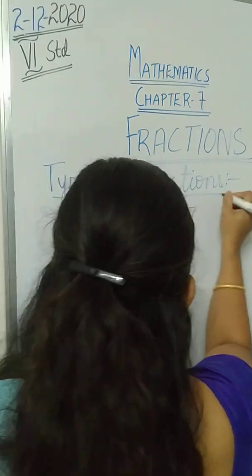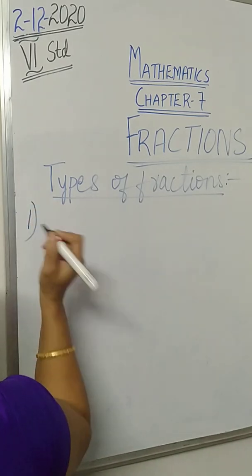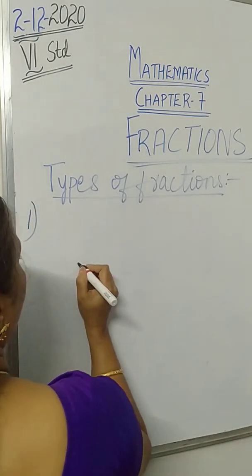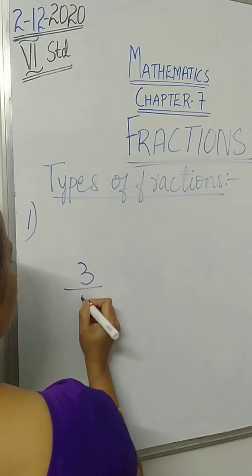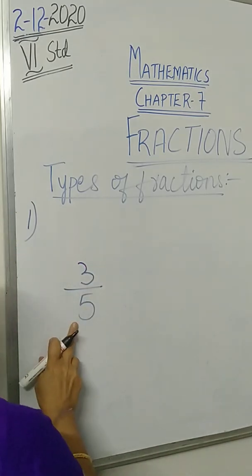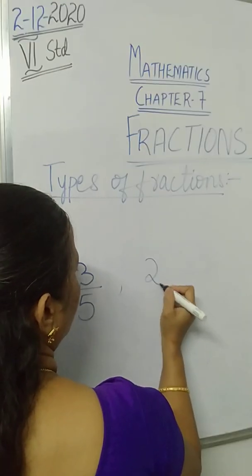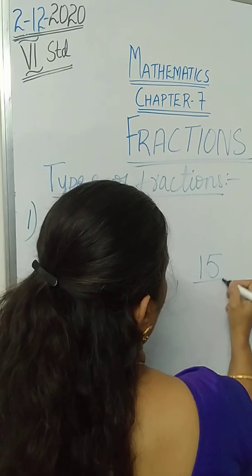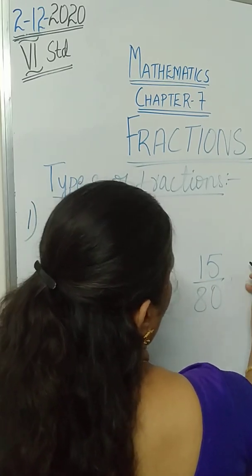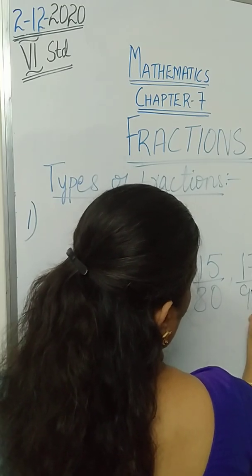Types of fractions. The first one we'll see: if a number has got the numerator less than the denominator. Look here, denominator is greater and numerator is smaller. Now look here, another example, 2 by 7, 15 by 80, 17 by 92, whatever may be.